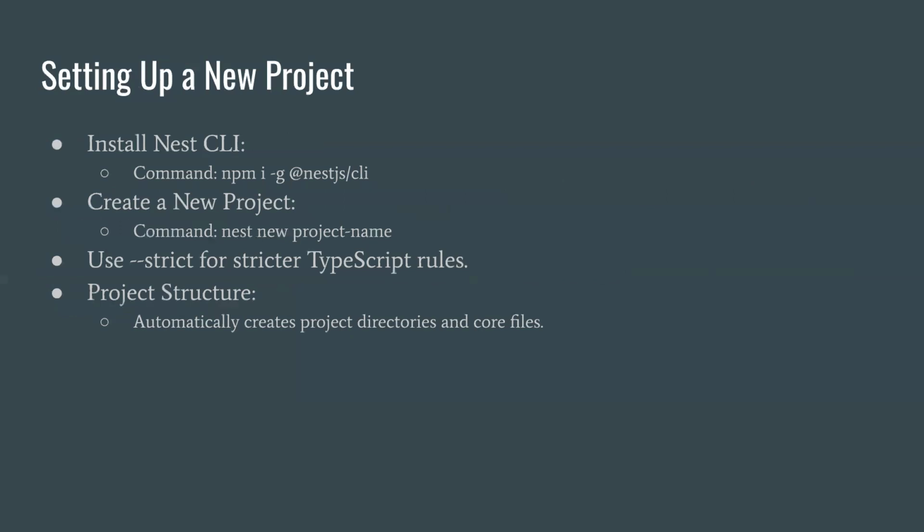Setting up a new project. So setting up a new NestJS project is straightforward as long as you install the Nest CLI. So the easiest way to install Nest CLI is to install the CLI globally using npm with the command npm install NestJS CLI, but you want to give the global flag.